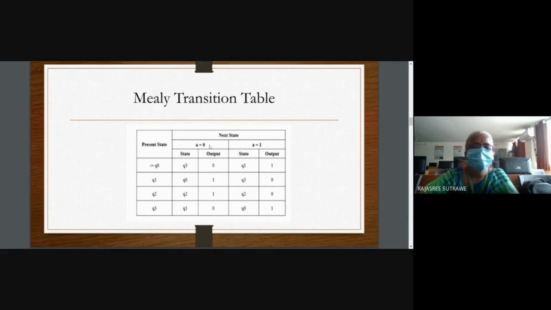For Q0, if you give 0, the next state is Q3 and the output is 0. For Q1, if you give 0, the next state is Q0 and the output is 1. For Q0, if you give 1, the next state is Q1 and the output is 1. And for Q1, if you give 1, the next state is Q3 and the output is 0.